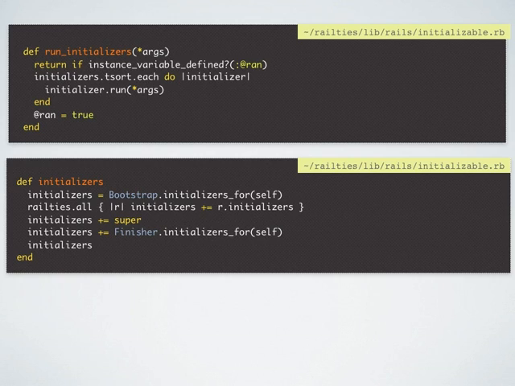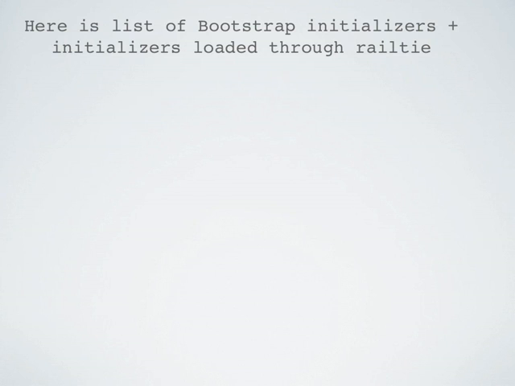And also the initializers from our own application, from a demo application, because the demo application has a few initializers under demo config initializers. And then Rails has a bunch of finisher initializers. So all these initializers are executed.